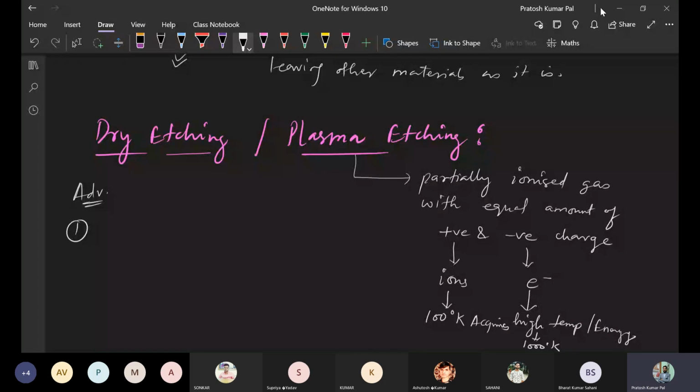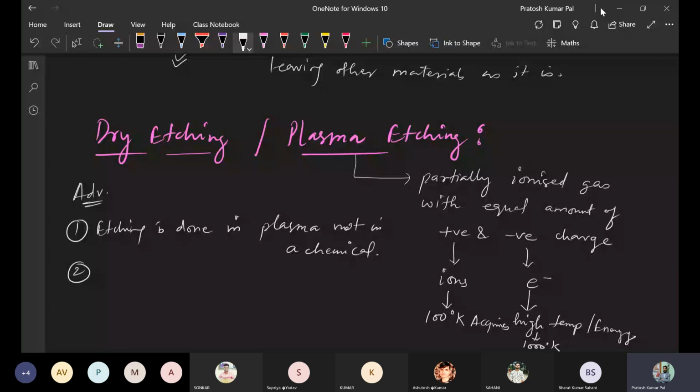So the advantage here is, instead of a chemical, we are going to use plasma. Okay, so etching is done in plasma, not in a chemical. The second one is the gases that we use.